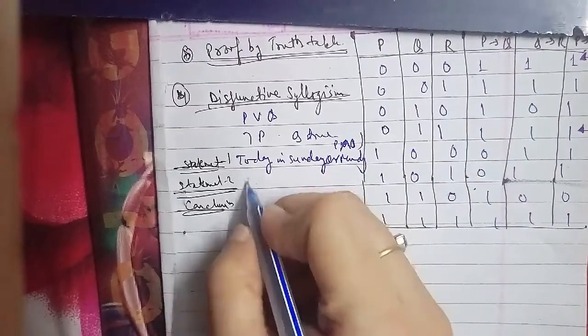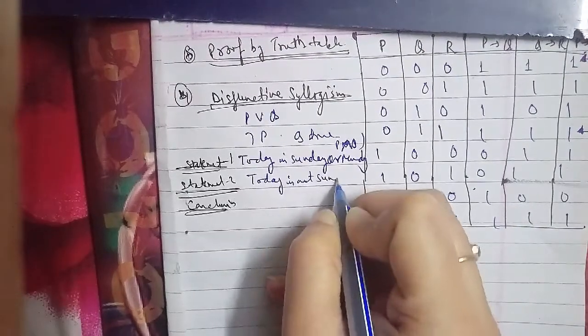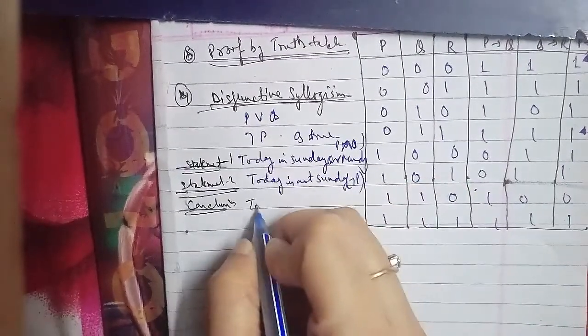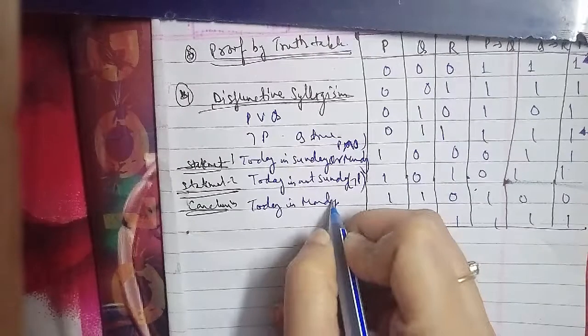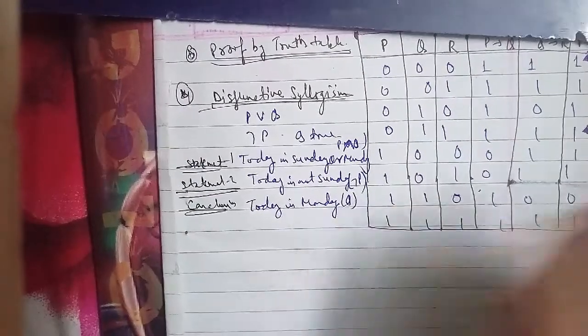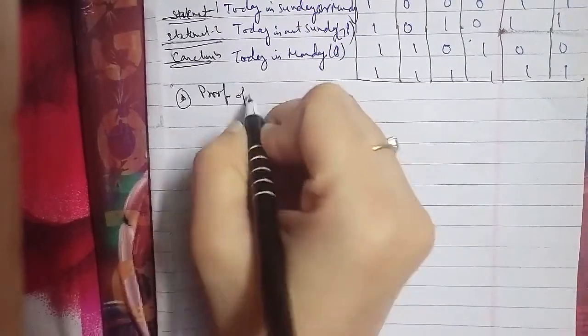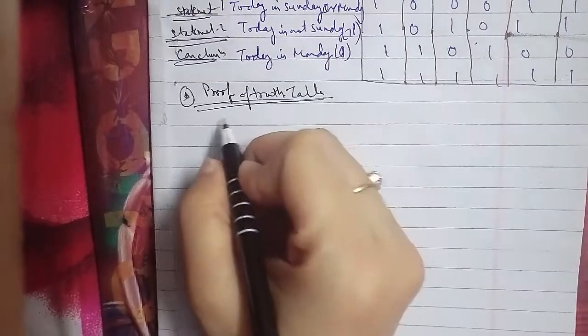With the same, we have P, Q, P and P. With the same here, for the truth table we have 0 0 1, then again we have 0 0 1 1 1, then 1 0 0 1, then 1 1 0 1.